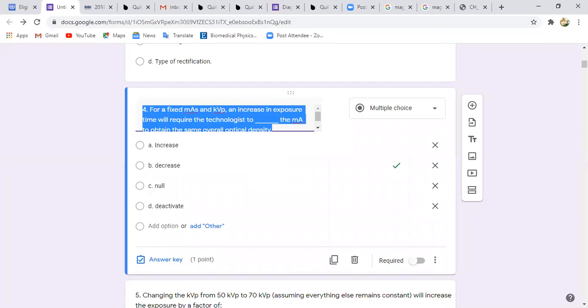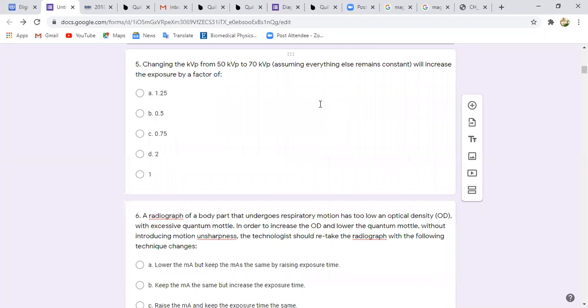Fine. Changing kVp from 50 to 70, what happens to our exposure factor? No idea.